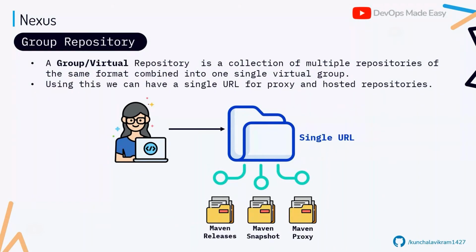See here what I did. For all the Maven releases, I created a repository in Nexus. For all the Maven snapshots, I created a repository. So what is the type of these repositories? Maven repository.